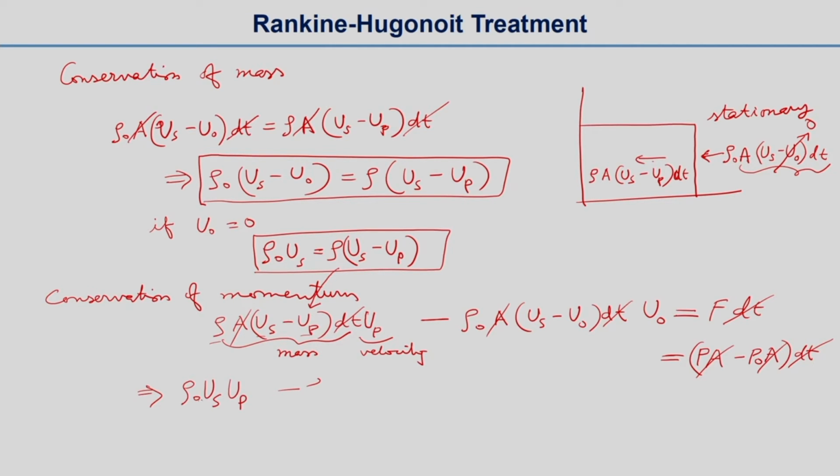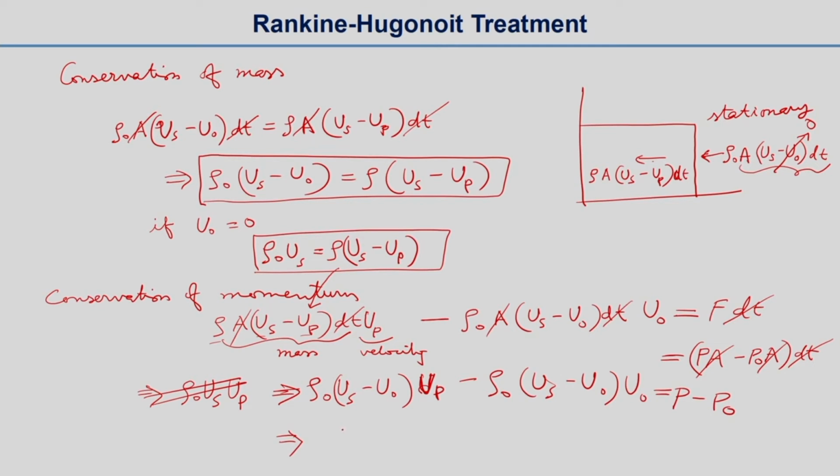That gives us rho naught US minus U naught multiplied by UP, minus rho naught US minus U naught times U naught, is equal to P minus P naught.